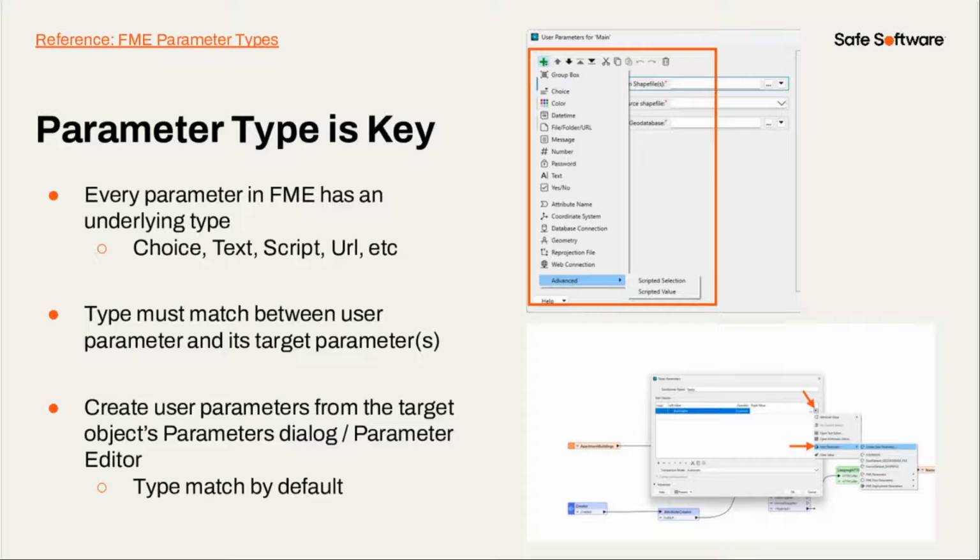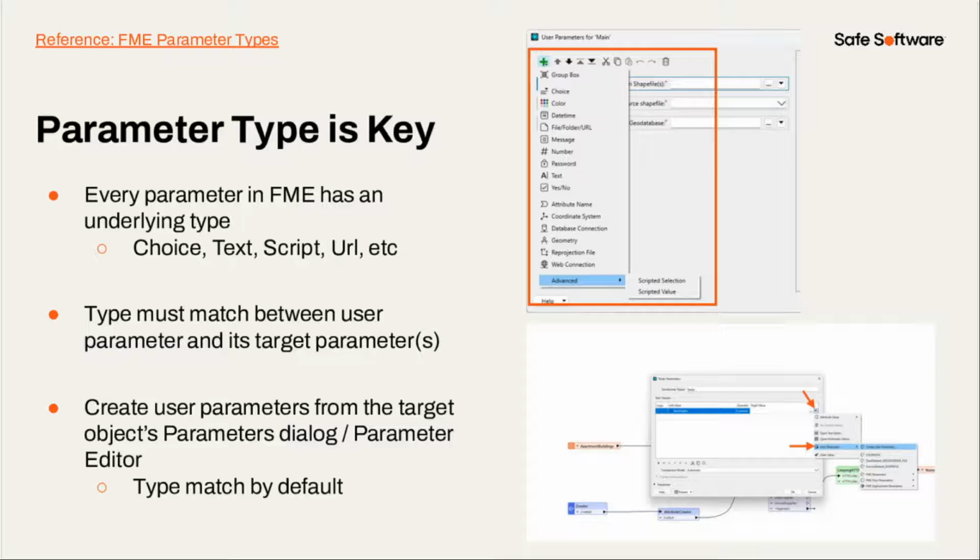The first one we have here is all about parameter type, those parameter types that Evie highlighted in her demo. I've just got the slide up here, the topmost slide here for reference. It is really important to consider parameter type when planning out your user parameters in your own workflows.